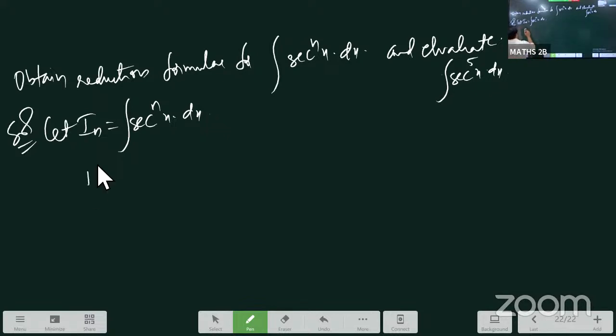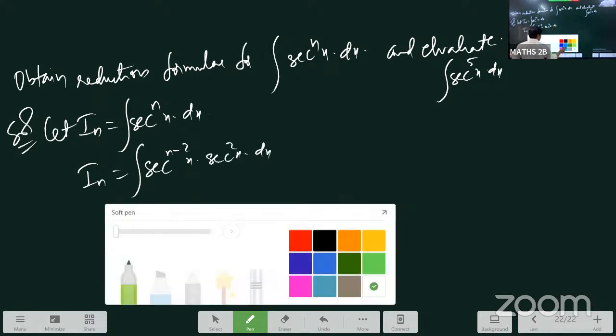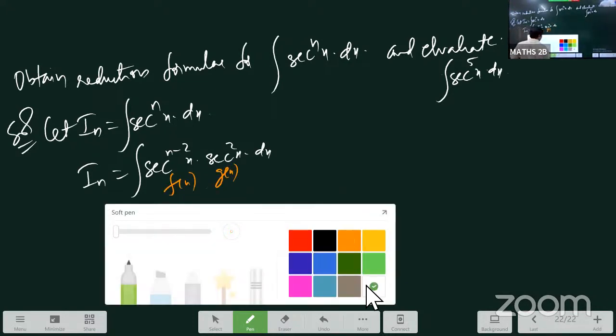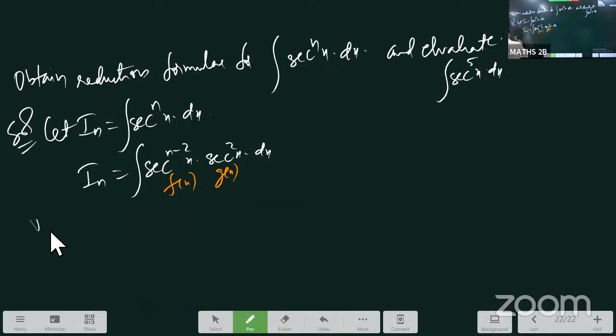Now, I_n is equal to, here again I am going to write it as secant power n minus 2 x into secant square x dx. Here again I am going to use integration by parts. Is it clear? This is f of x, this is g of x. So before doing integration by parts, you write secant power n x as secant power n minus 2 x into secant square x.